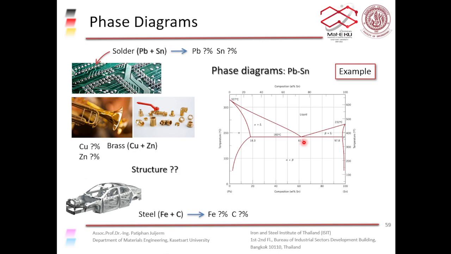But why do we need a low melting point for solder? Because our electronic circuit is really delicate. We don't want the chips, the IC or other electronic components to be exposed to high temperature for too long, right?